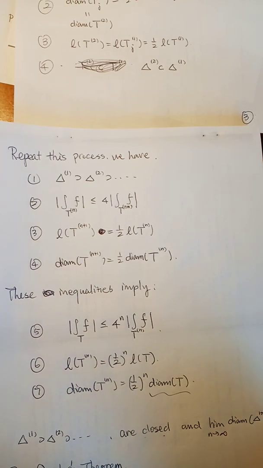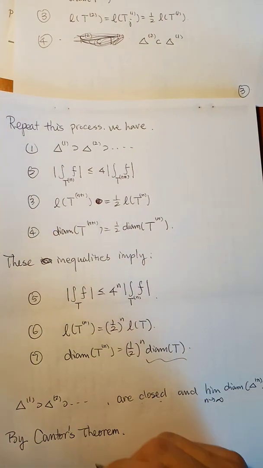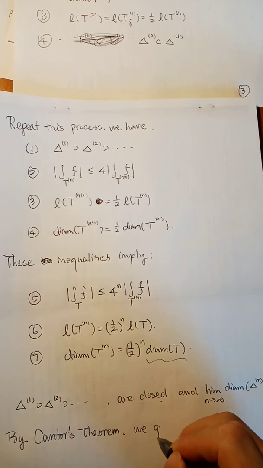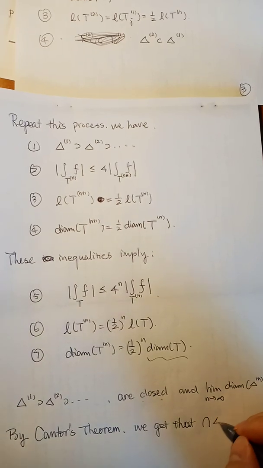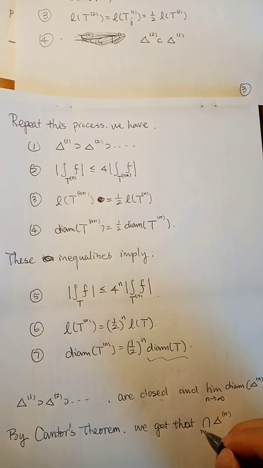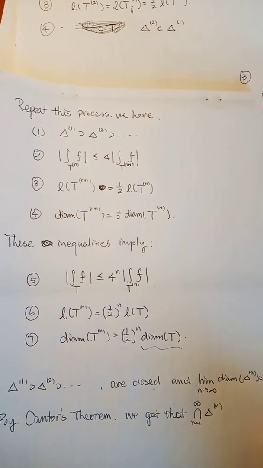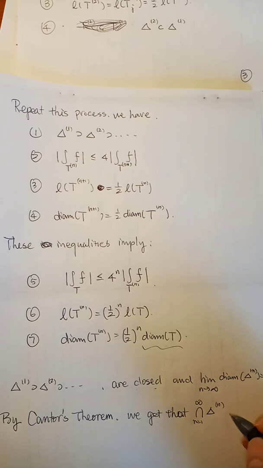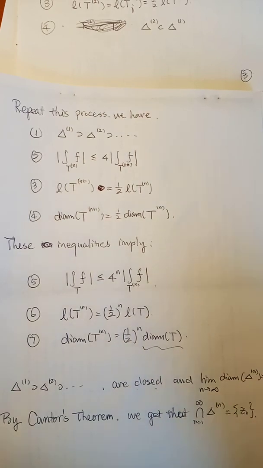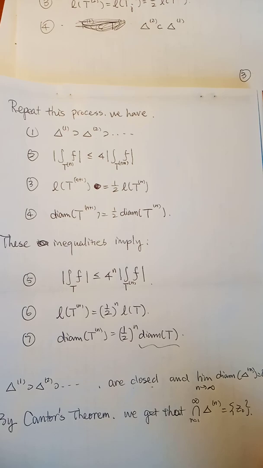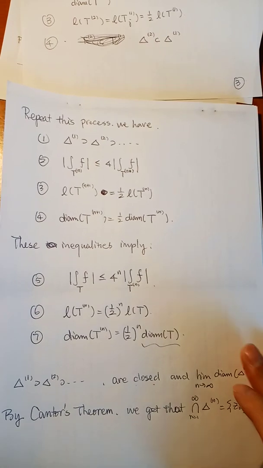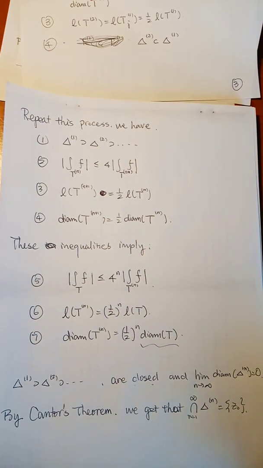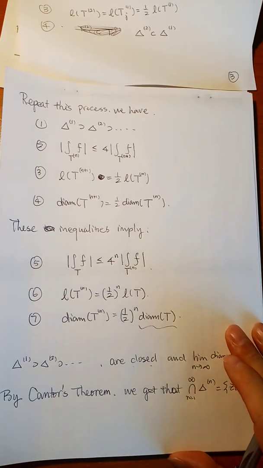If the diameter approaches 0, then the intersection is just 1 point. That's the Cantor theorem. So by the Cantor theorem, we get that the intersection of all these triangle regions is just 1 point. Okay?